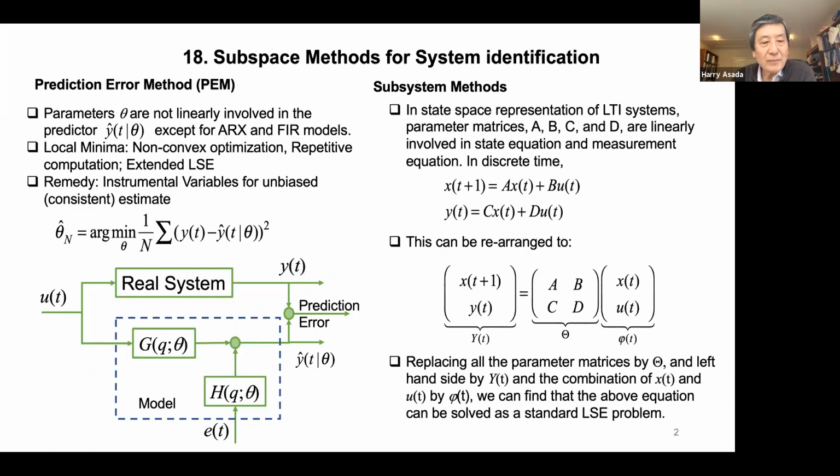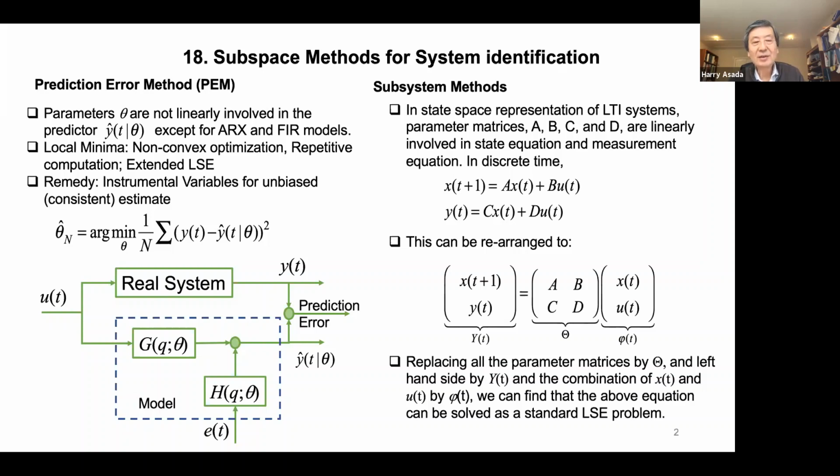There are some clever techniques, called the instrumental variables method, for unbiased estimation, but that's a little bit technical, and lots of limitations apply too. So PEM, despite the simple structure and simple concept, has some troubles.